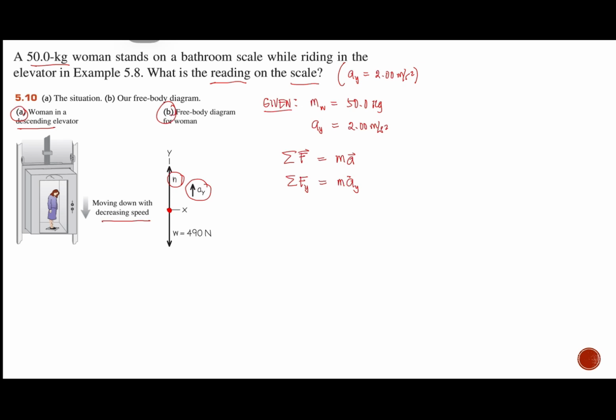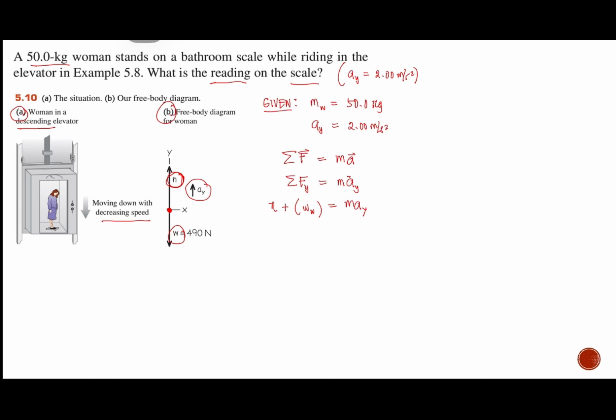Now let's talk about the sum of all forces acting along the y-axis. Along the positive y, we have the normal force. And along the negative y-axis, we have the weight of the woman. So we have the normal force plus the negative of the weight of the woman is equal to the mass times the acceleration along the y.